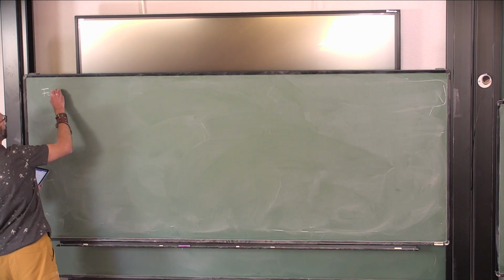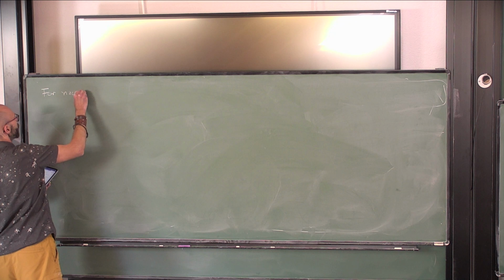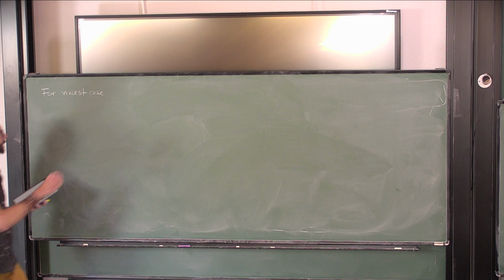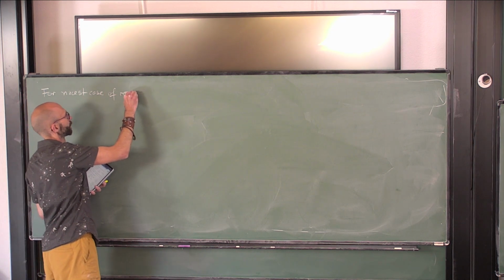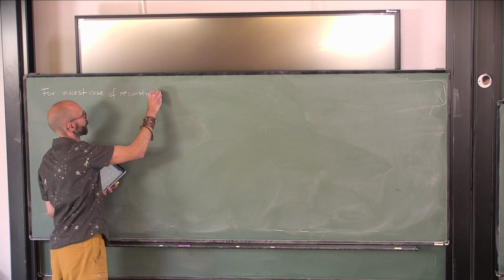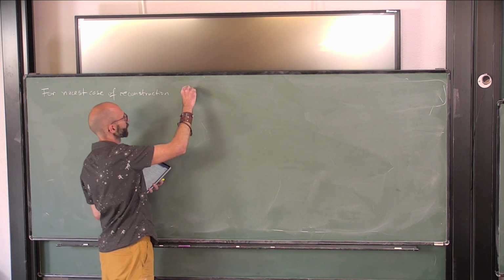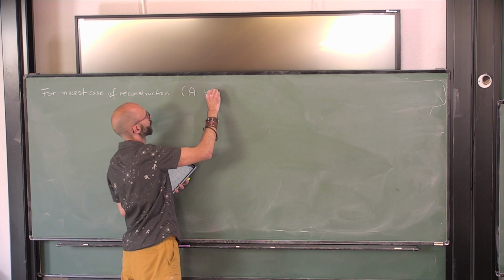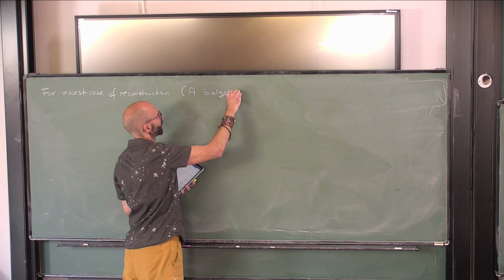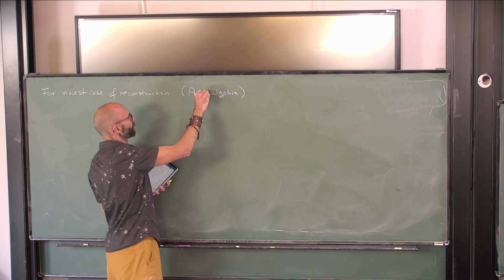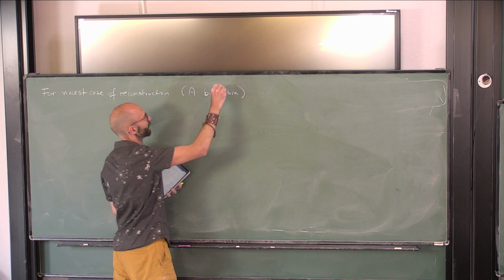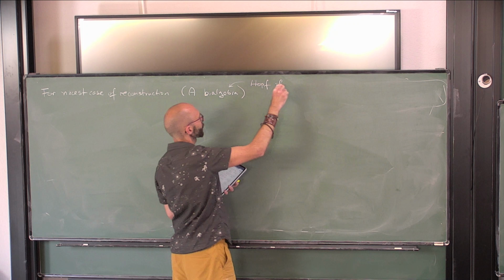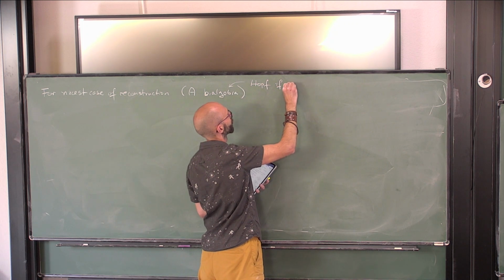So for the nicest case of reconstruction, which will give me A as a bialgebra. And I keep wanting to say hop, and I might accidentally. And it's Hopf if there are enough duals around.